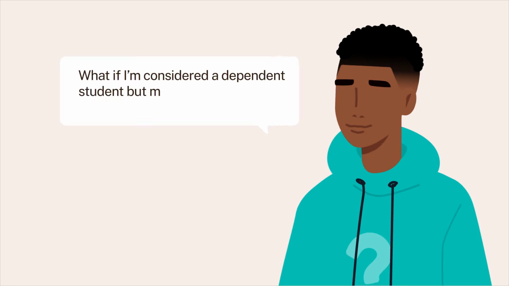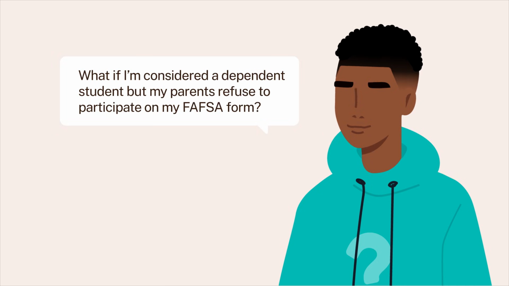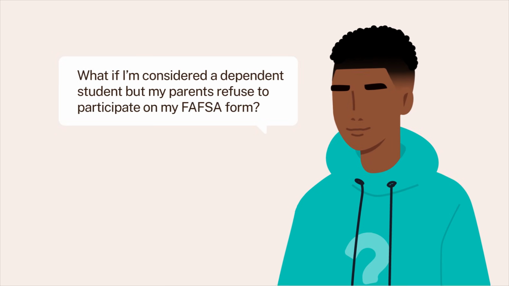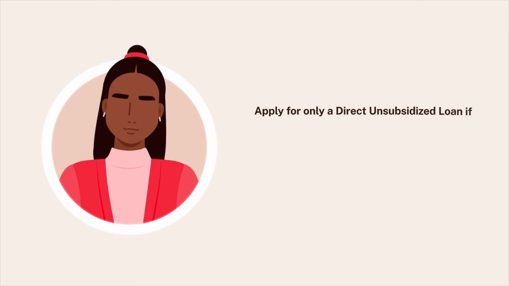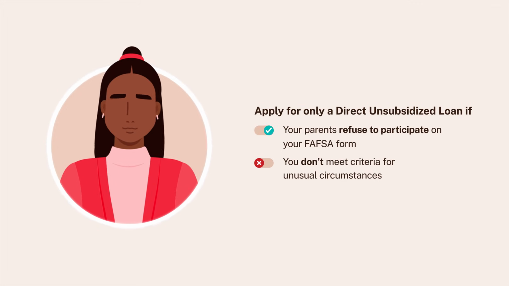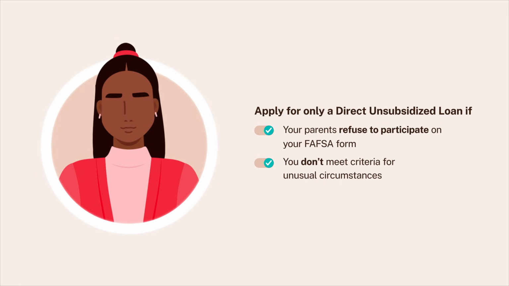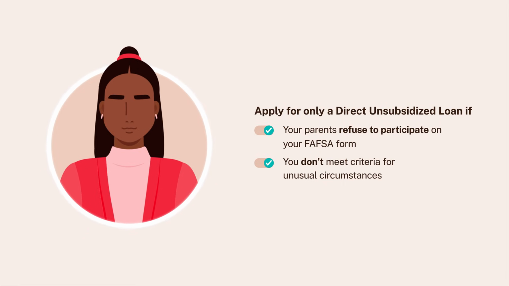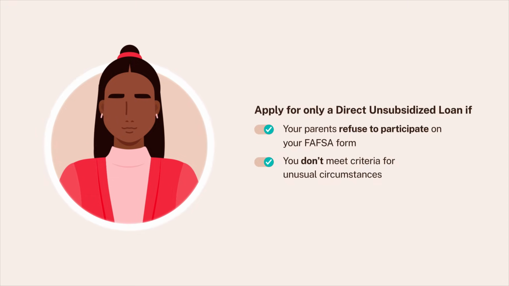What if I'm considered a dependent student, but my parents refuse to participate on my FAFSA form? If your parents refuse to participate on your FAFSA form and you don't meet the criteria for unusual circumstances, you can apply for a direct unsubsidized loan only and complete the FAFSA form without parent information.